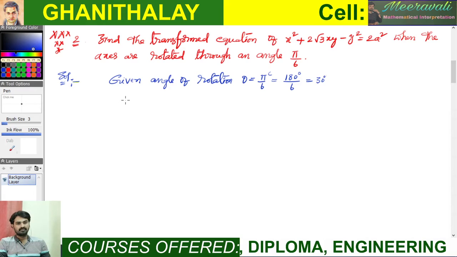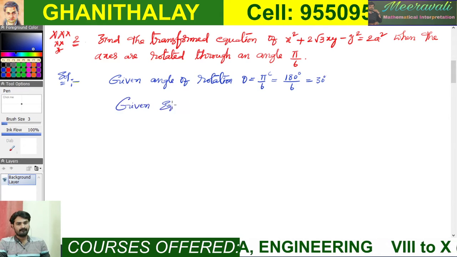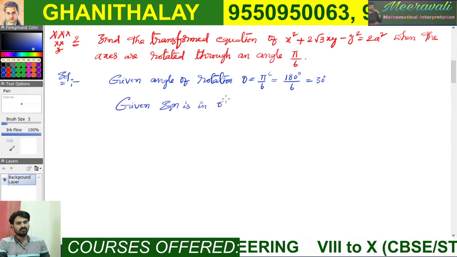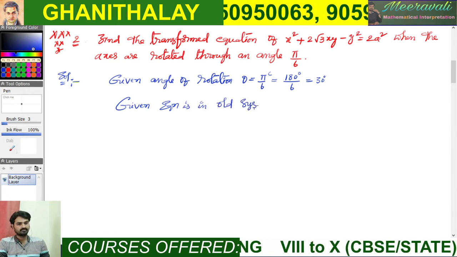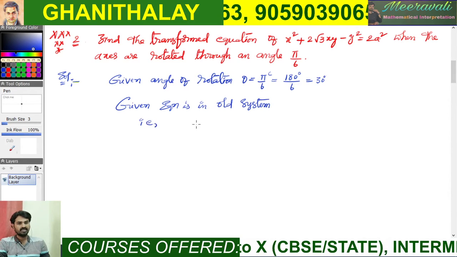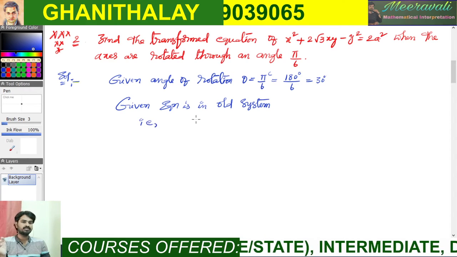Now, the given equation is in which system? Old system. Old system equation is always taken in terms of small x and small y.